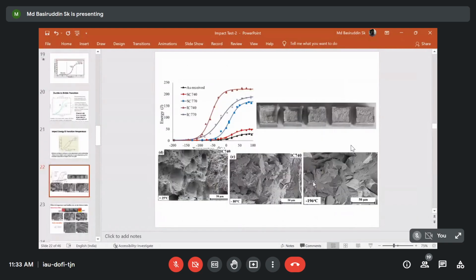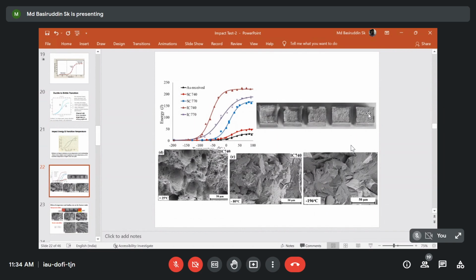So here are real examples of how the fracture morphology varies at different temperature regions, whether it is macro fracture morphology or micro fracture morphology. If you look at the very low temperature test, you can find that the fracture morphology will look like this.